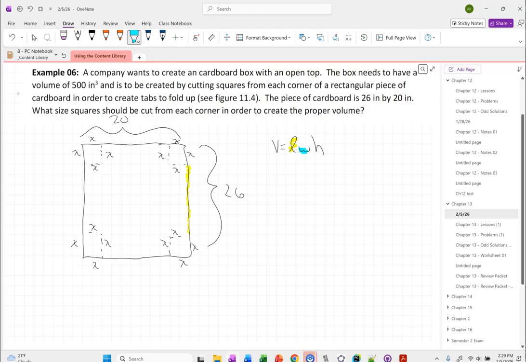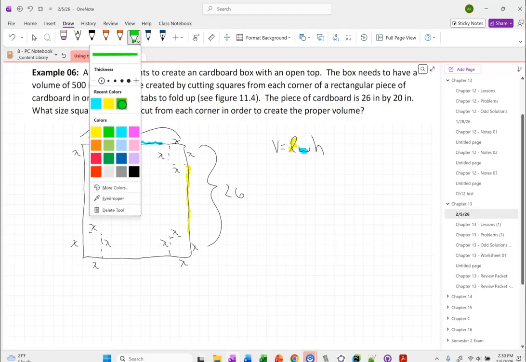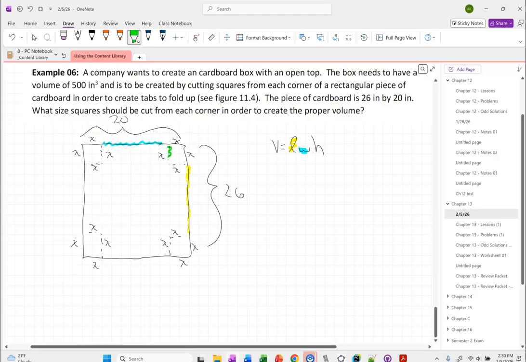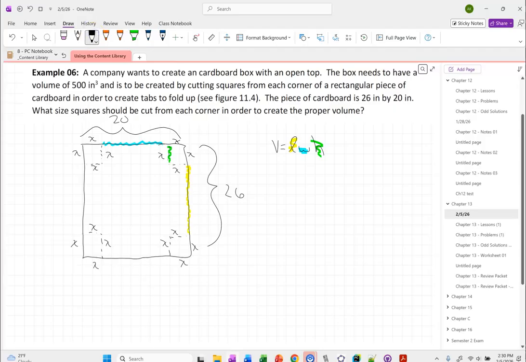And then from here to here would be my width. And this would be my height. Everybody imagine that as we fold this box up. Okay. So one of these is quite easy.